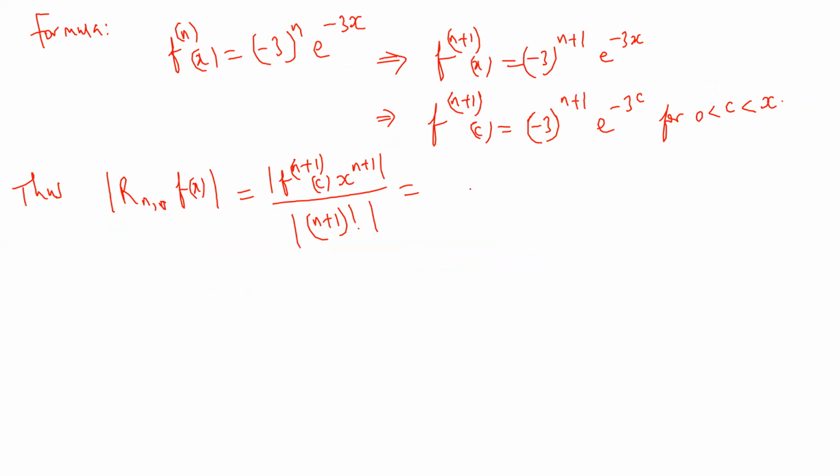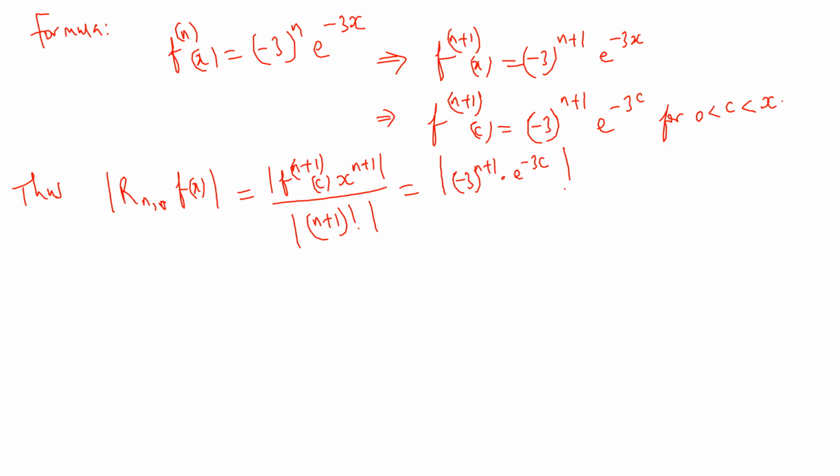So what is f n plus 1 at c? Which is minus 3 to the n plus 1, e to the minus 3c. And this is what we get.